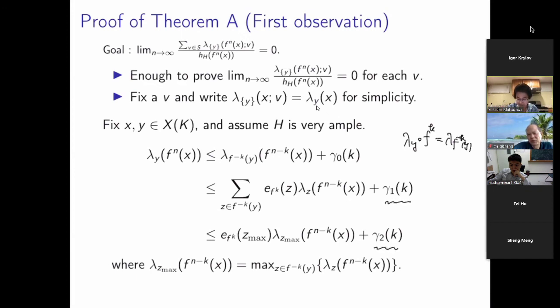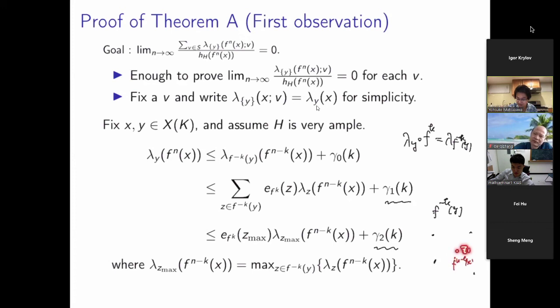So this part is actually a little bit tricky. We consider the preimage of Y, so this consists of some points, and our orbit might be here. This is f to the n minus k of x. So we pick up this point, this is z max.